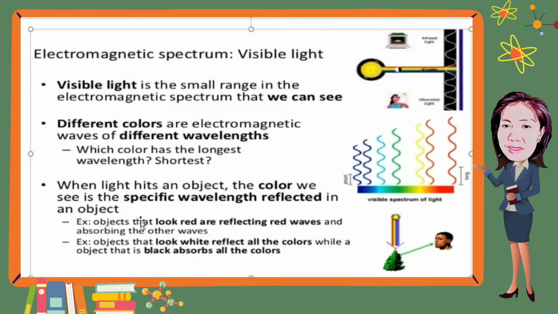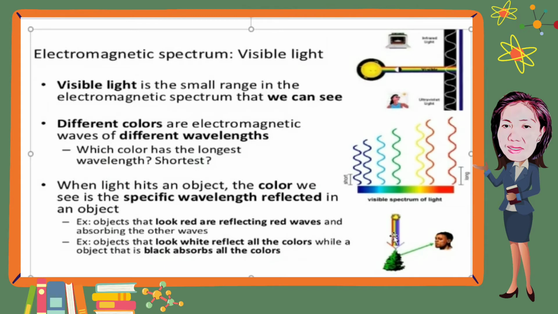So ito, bakit may mga colors ang object? So when light hits an object, the color we see is the specific wavelength reflected in an object. So for example, may apple, it's color red. So what does it mean? Color red lang, out of 7 colors, color red lang ang na-reflect back to our eyes.